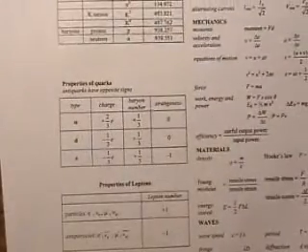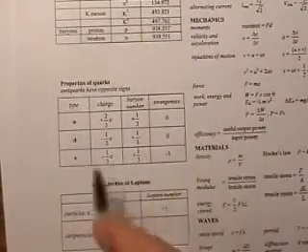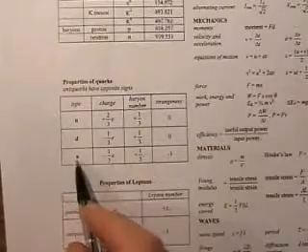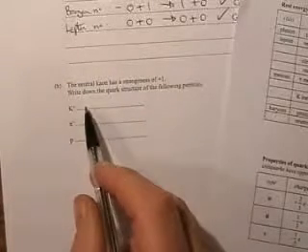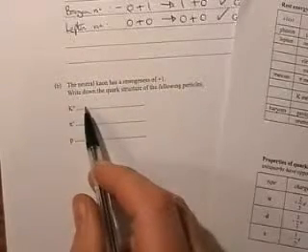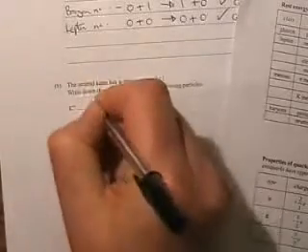So we have a look at our table, and we see that an S quark's got a strangeness of -1. But the neutral kaon's got a strangeness of +1. So it can't be an S quark that's in there, it's got to be the opposite, so it's got to be an anti-S. An anti-S quark, that will give it its strangeness of +1.